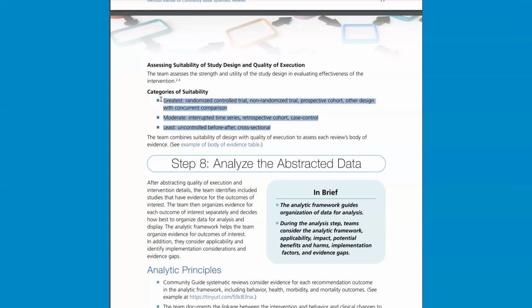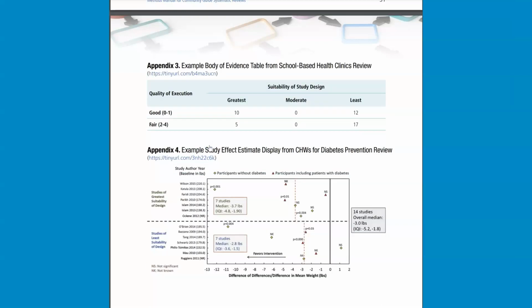And then interrupted time series studies, retrospective cohort, case controls, they're moderate. And then uncontrolled before-after, cross-sectional, they're the least suitable in studying effectiveness, or even just conducting any sort of studies. So this is a quick example of the suitability of study design, and the ones that were greatest suitable in diabetes.